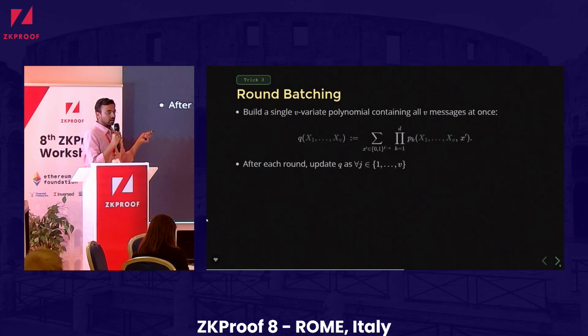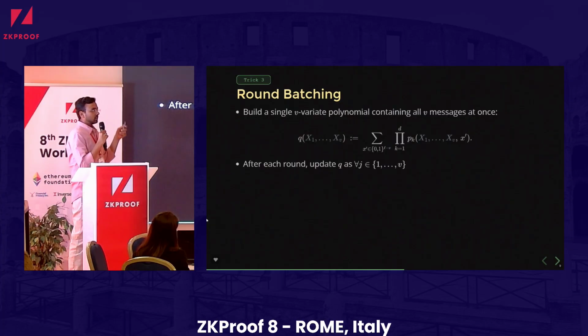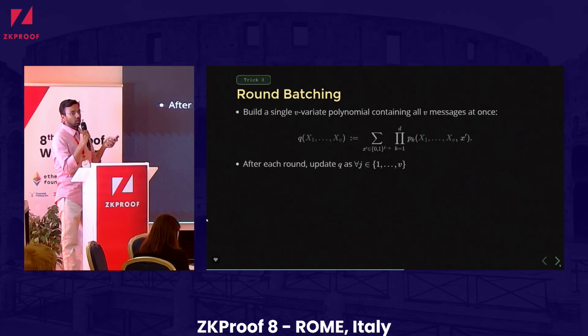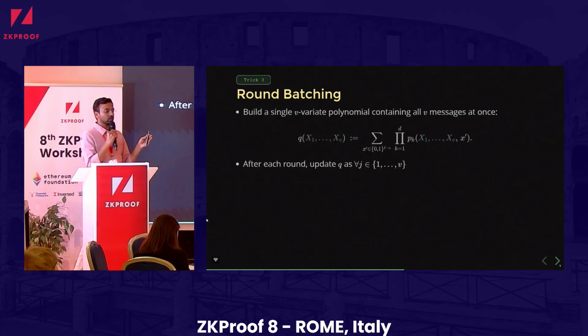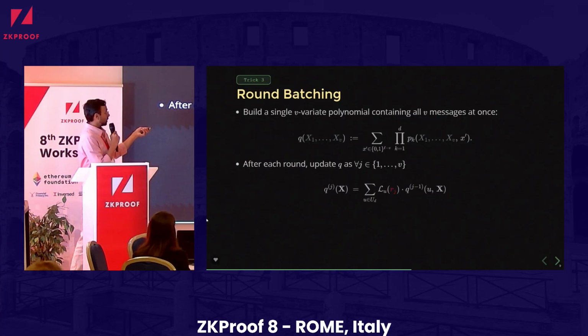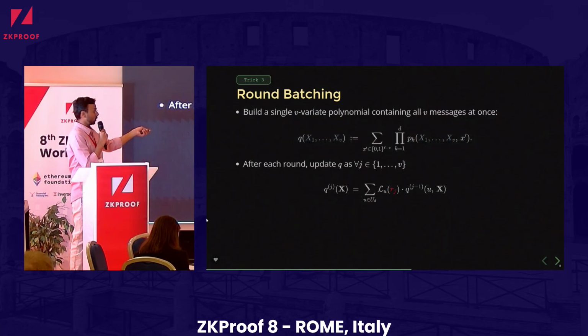So the idea of this round batching is to treat Q very similar to what we do in regular sum checks. So Q will be used to generate all round messages for round 1 to V. And you can see the round polynomial, just like we bind the original polynomials, we can also do similar kind of binding on the Q polynomial.